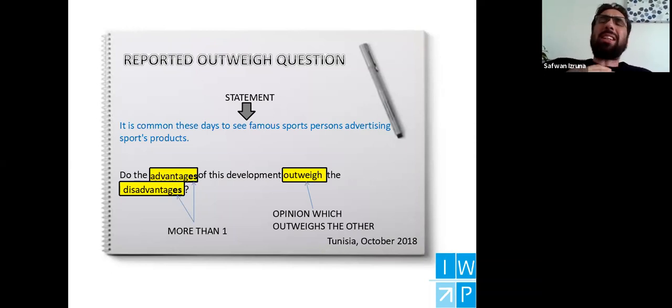We know that the side effects of chemotherapy are probably hundreds or thousands. But the one advantage that somebody might live outweighs all of these. So we're not talking about number here, we're talking about significance. But what is more important for us is that we present two advantages and two disadvantages, and we present our opinion on which is more significant.